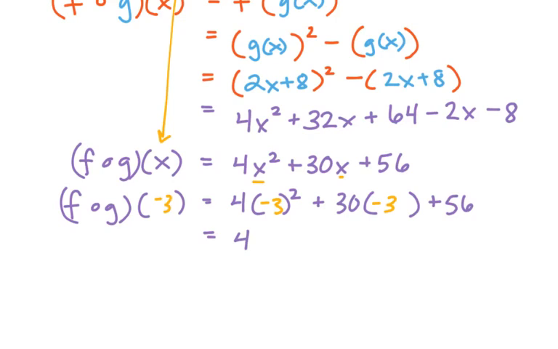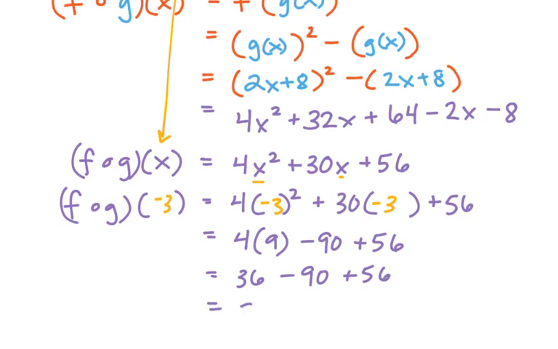That's 4 times +9, which gives me 36, plus 30 times -3, so that would actually be minus 90, and then we have plus 56. So minus 90 plus 56, and we can see that that simplifies to +2.